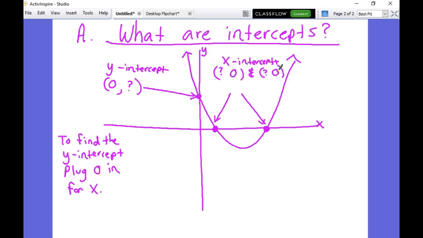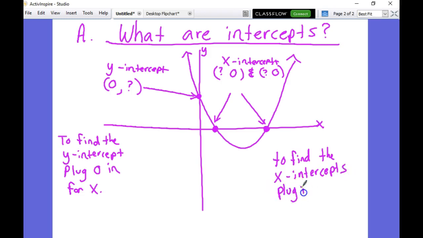So I'm going to write another sentence here. To find the x-intercepts, what are we going to do? That's right.